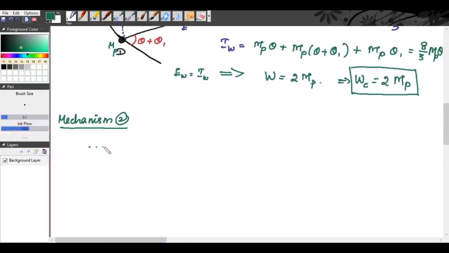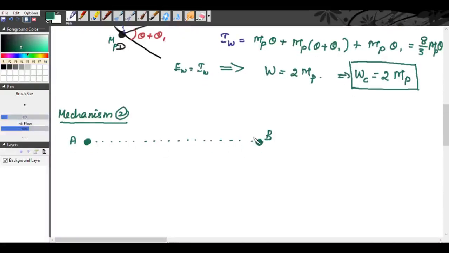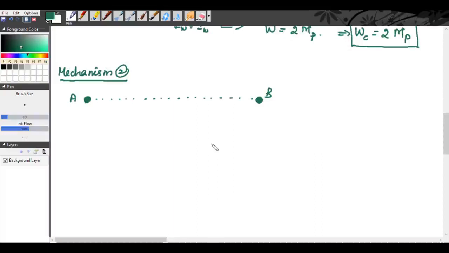Our mechanism is: you have a plastic hinge at A, a plastic hinge at B, then a plastic hinge forming at E.